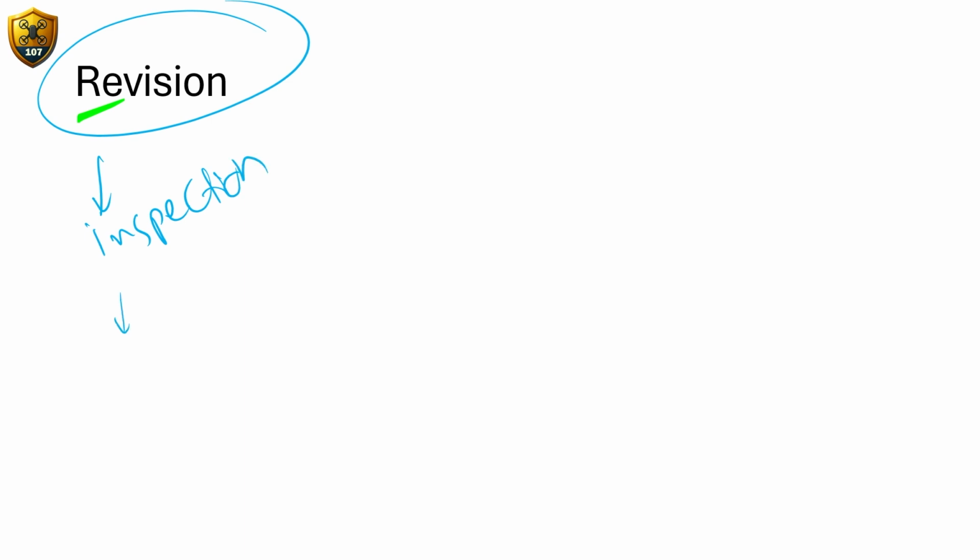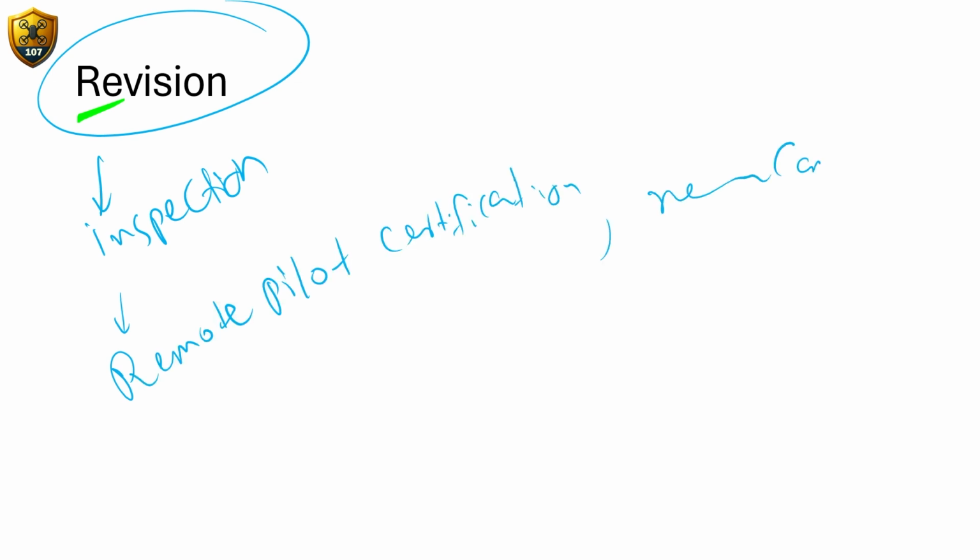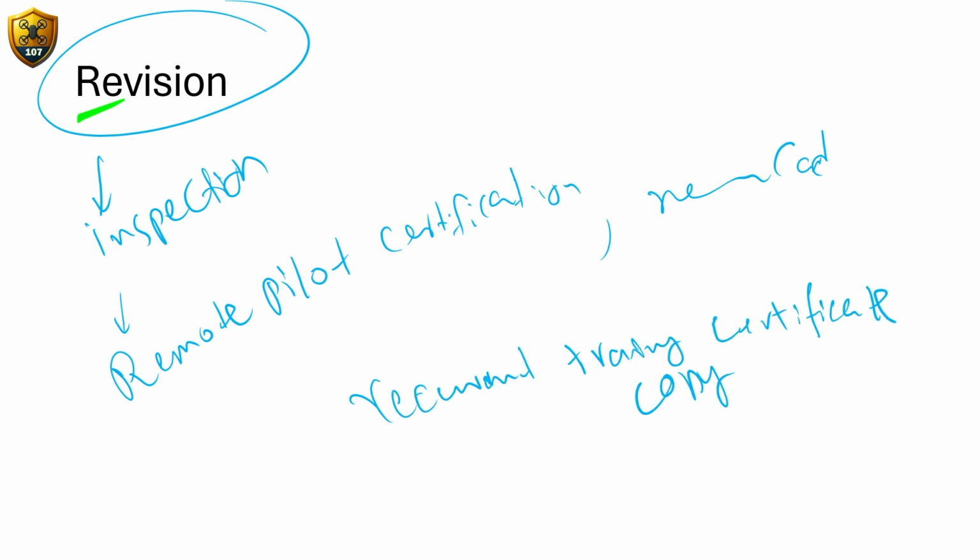You have to provide the remote pilot certificate, the registration card, and also a copy of the completion certificate for the recurrent training. And you must also provide your ID, right?